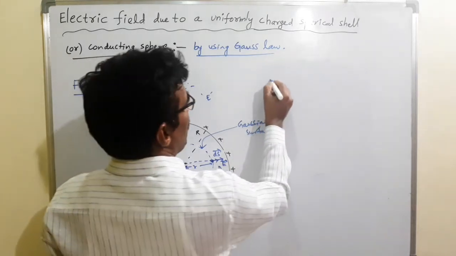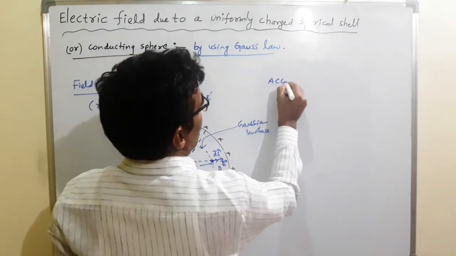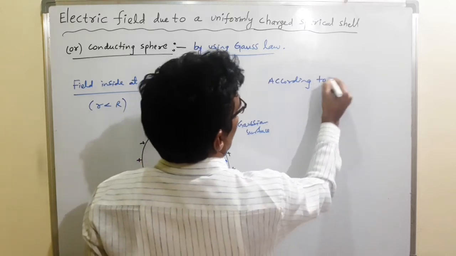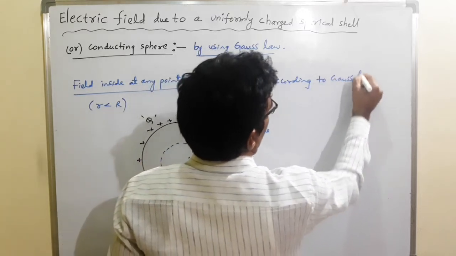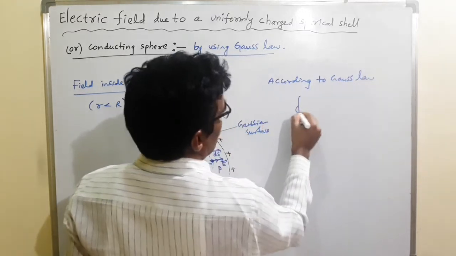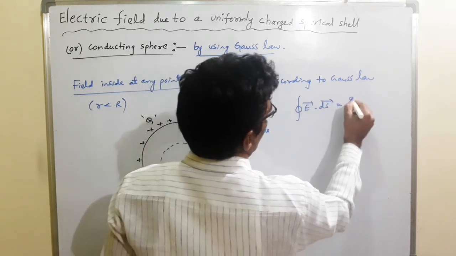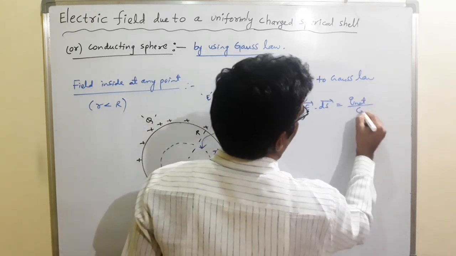Therefore here we apply Gauss law. According to Gauss law, integration E bar dot ds bar is equal to Q net by epsilon naught.